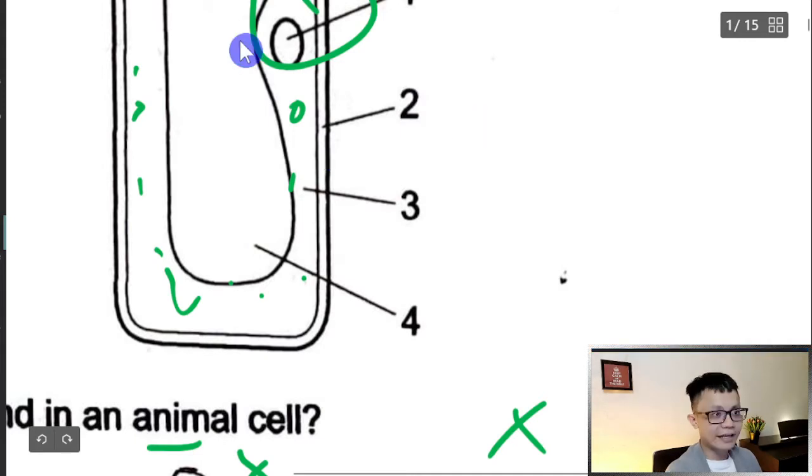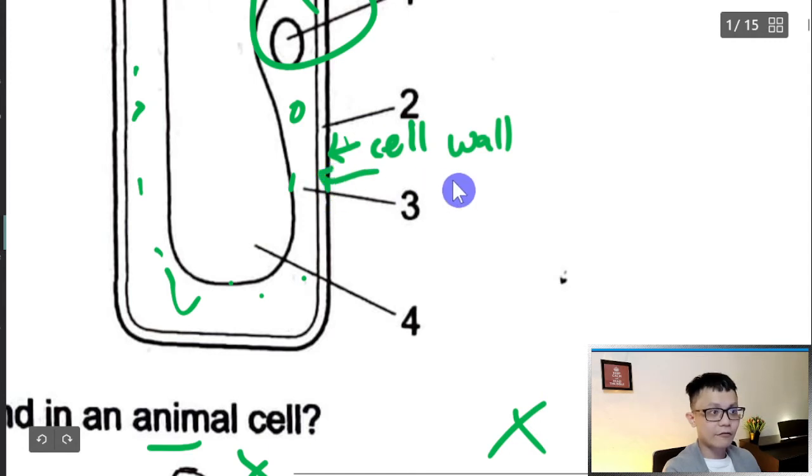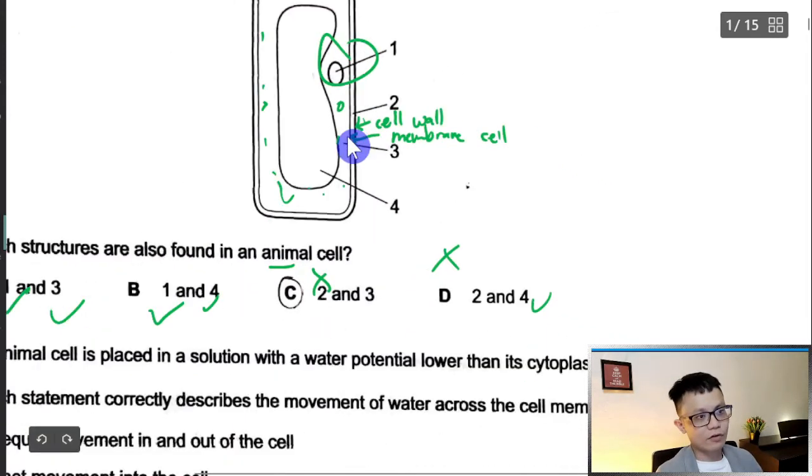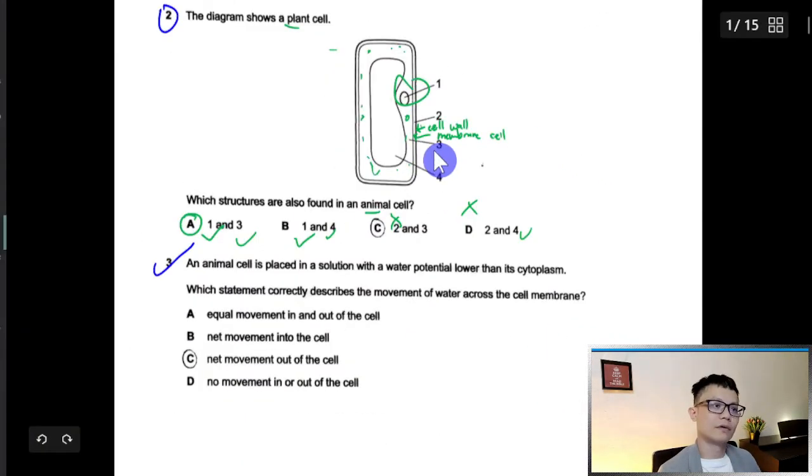If the line is drawn outside, it will be cell wall. If the line is drawn inside, it will be cell membrane. Animal cell also has membrane, but for this question just look for the easy one, nucleus, cytoplasm. This is very obvious, so we just go for the obvious one, no need to think too deep.